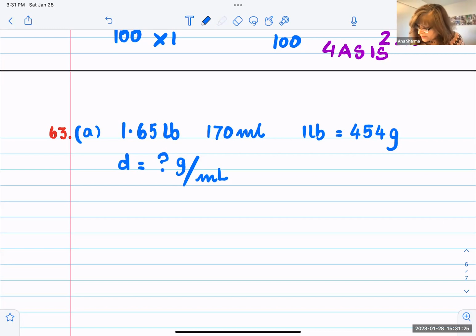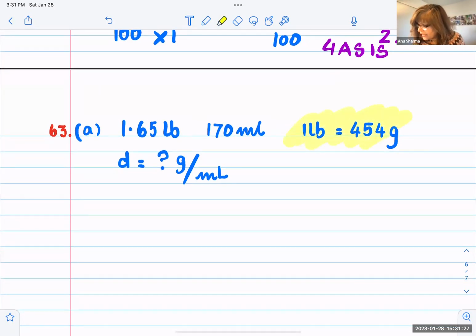Again, you need to look at the tables. I will not be providing you with all these equalities. You have access to the handout, and so you should know where to look for the data in the tables. You will look at the equality table where the pounds and the grams are related. So you take that. Another thing you should do is write down what you need to find.